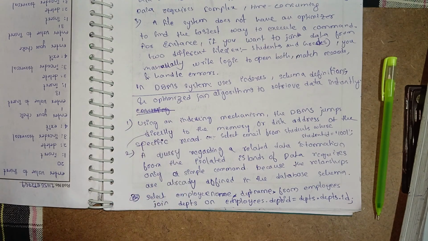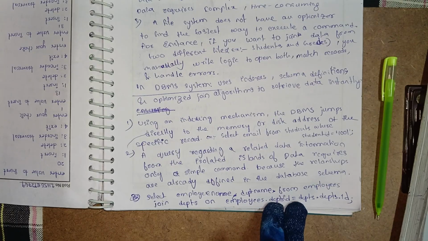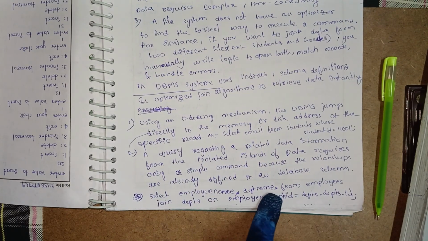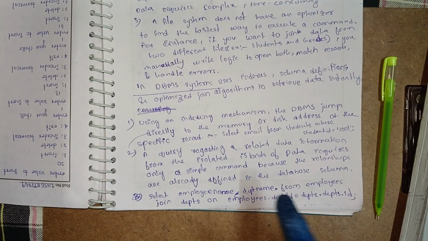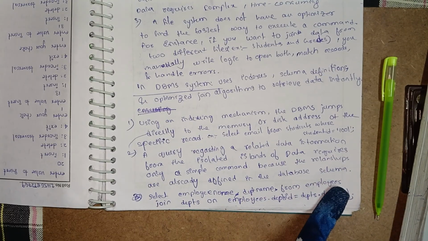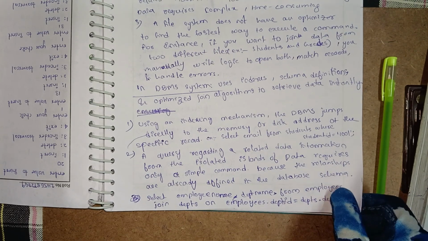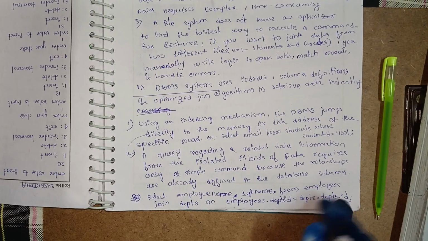And if the student name is in one table and the student department is in another table, then we can join them, and whatever data we need we can display on the screen by displaying the columns. Employee name and department name are the columns from employees. For both these tables the ID column is the same.